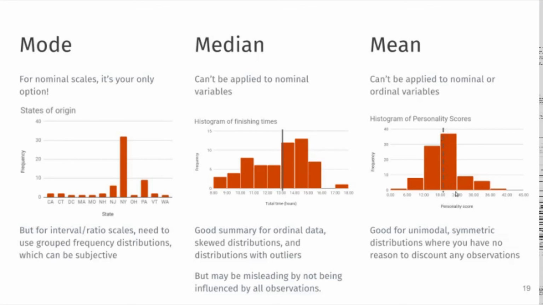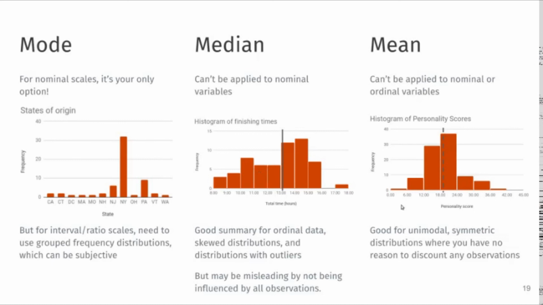And in particular, it's good for situations where you have no reason to discount any observations as being outliers. So here, when we're looking at the finishing time data, we might have reason to believe that this exceptionally slow person really shouldn't inform our guess about the central tendency of the distribution.